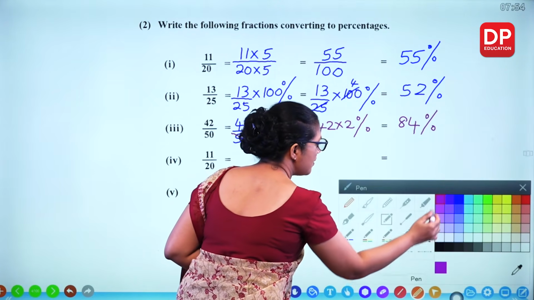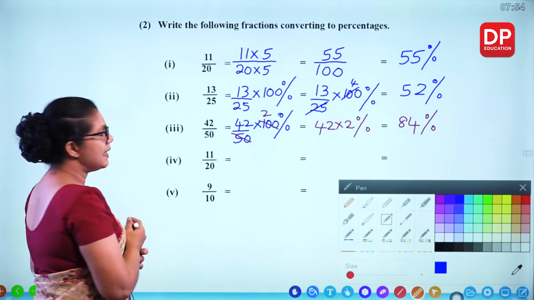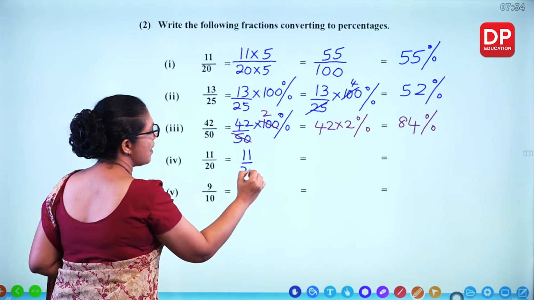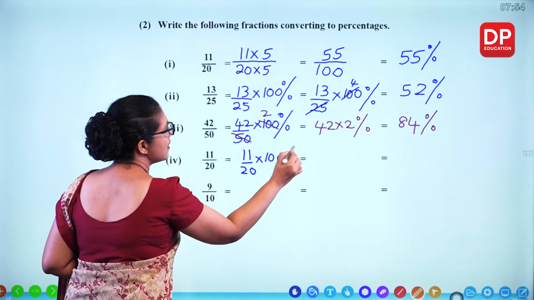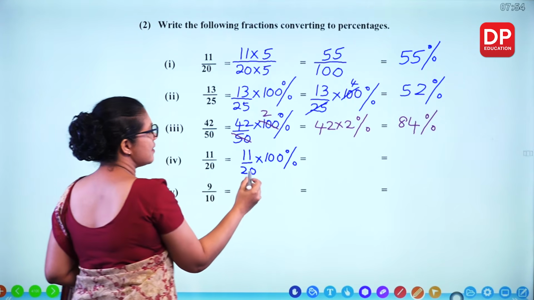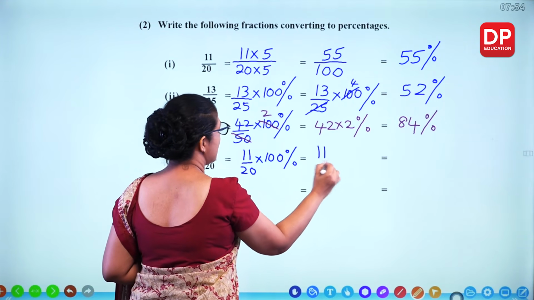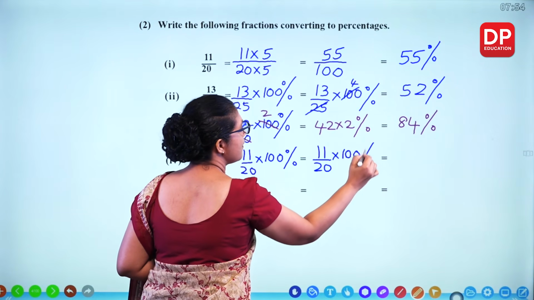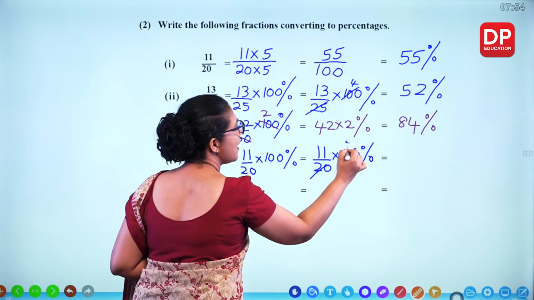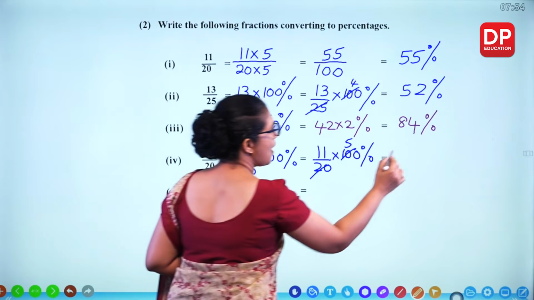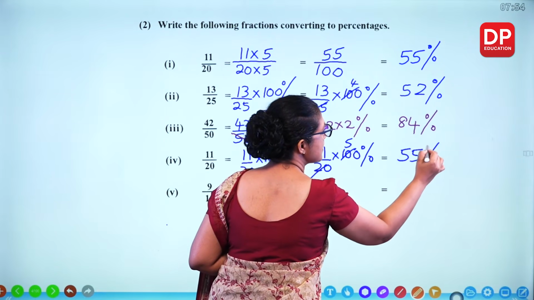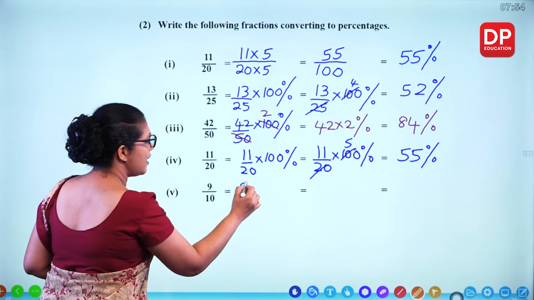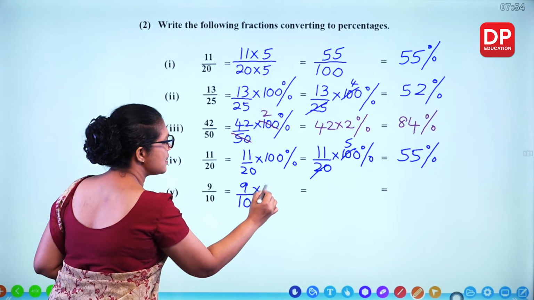Do this one. 11 over 20. So 11 over 20 multiplied by 100. And then this is 5 times 20, so you can write 20 times 5. 11 times 5, 55%. 9 over 10, convert to percentages.